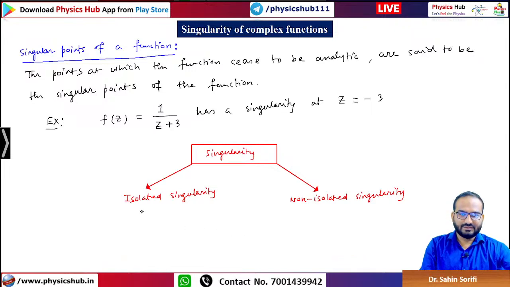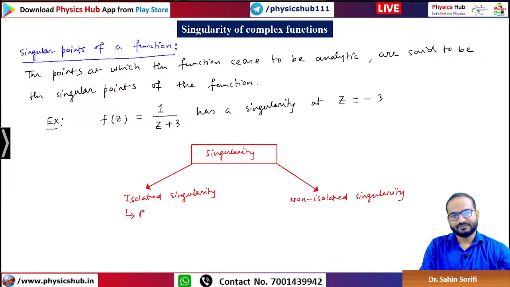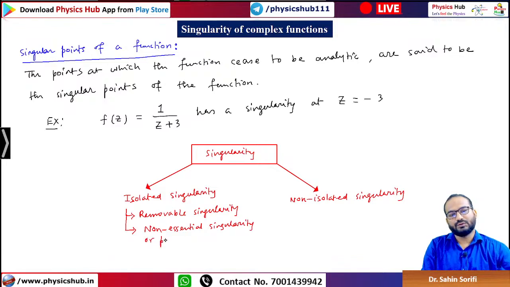Now, isolated singularities have several types. They include removable singularity, then non-essential singularity, which are also called poles, and the third one is essential singularity.